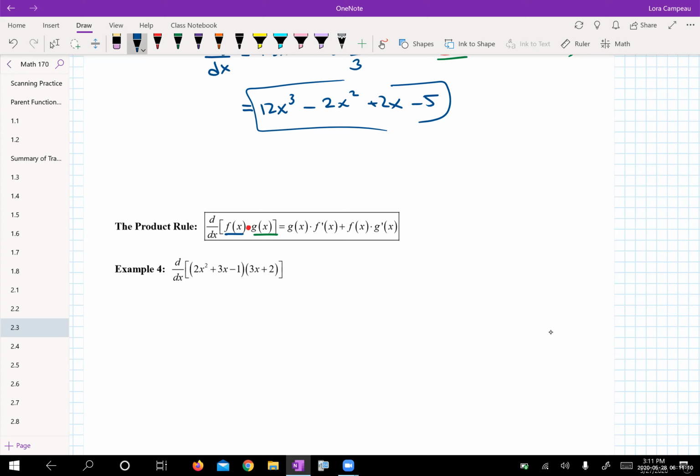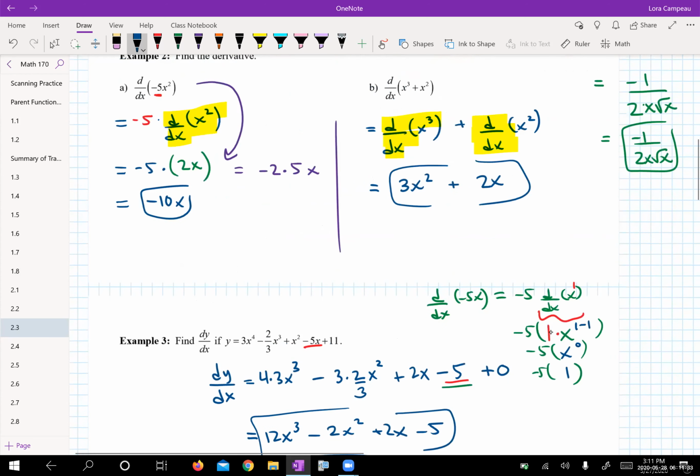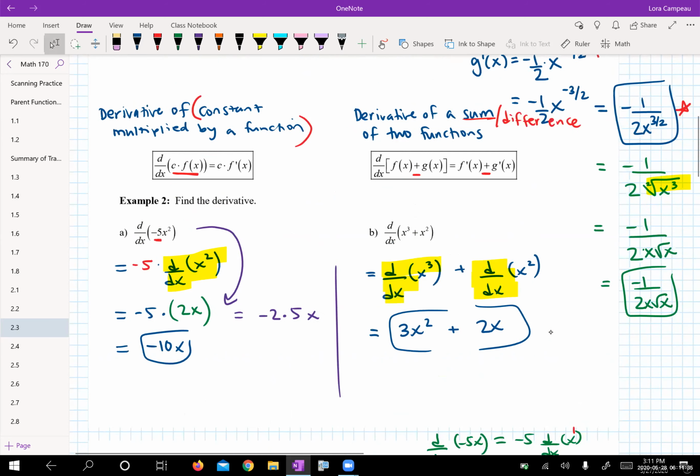And it's okay if you guys want to write out in English, derivative of a product of 2 functions. And the reason why I want to emphasize this is because a lot of times it gets confused with the property derivative of a constant multiplied by a function.